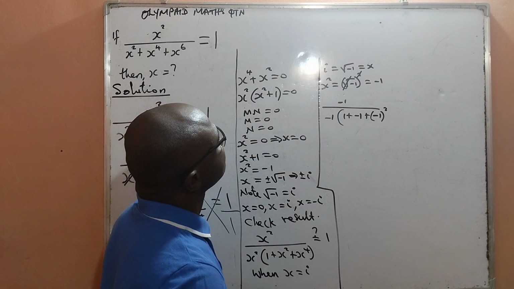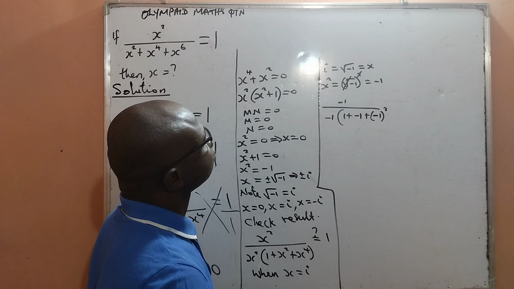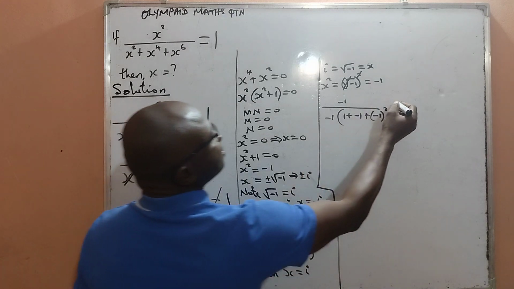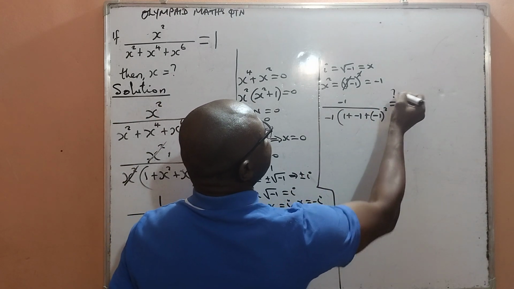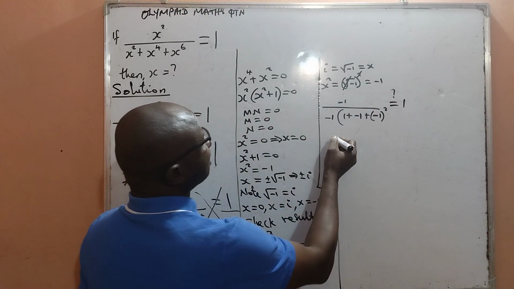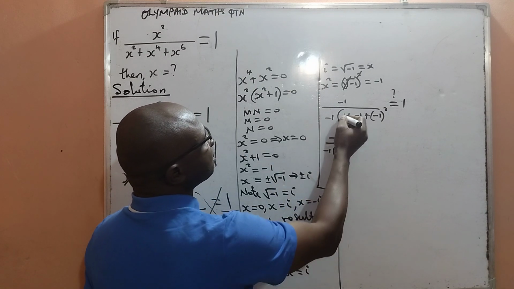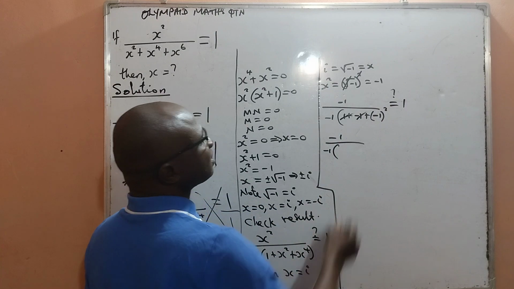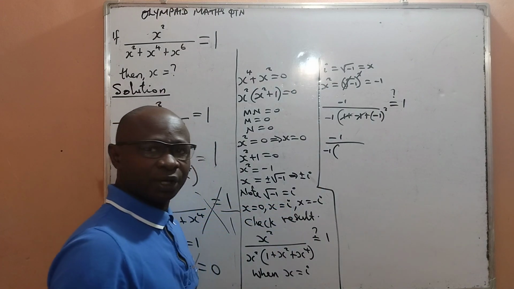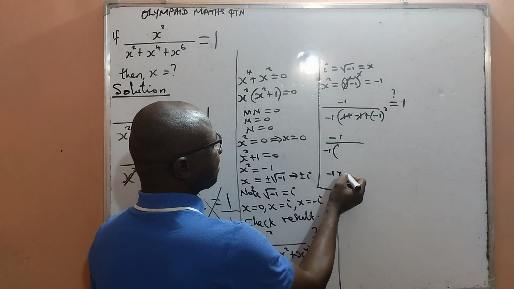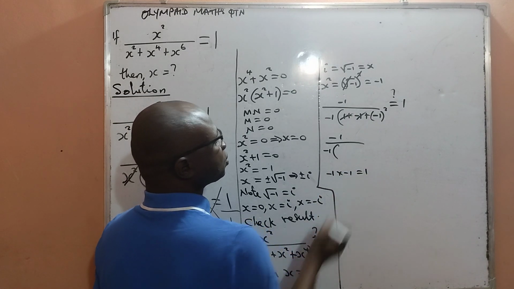Okay? Good. Now, what does that mean? From here, I can have, okay, you want to find out if it will be equal to 1. Then I have -1 all over -1 into this and this will cancel out, but -1 squared should be +1 because -1 multiplied by -1 is equal to 1.